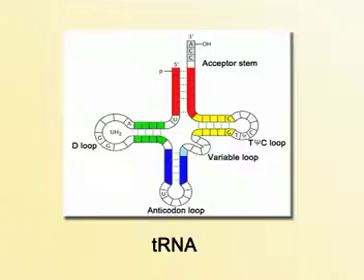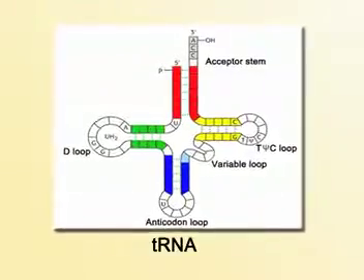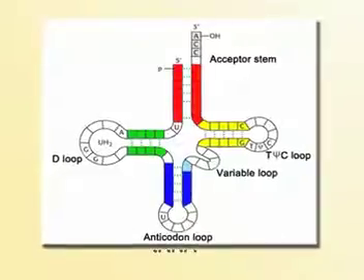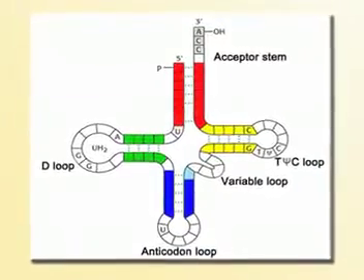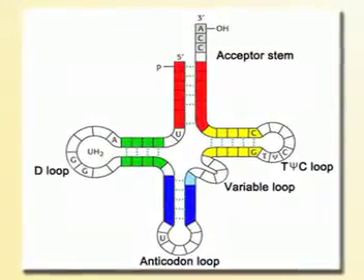Because of the degeneracy of the genetic code, there must be either several different tRNAs that recognize the different codons specifying a given amino acid, or the anticodon of a given tRNA must be able to base pair with several different codons. The degeneracy is primarily of two types.